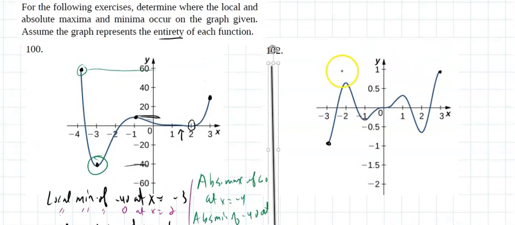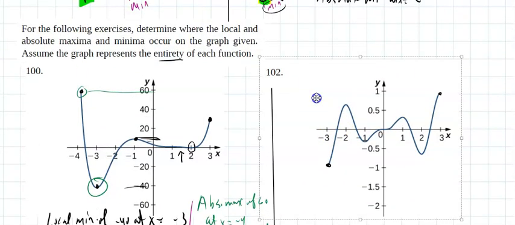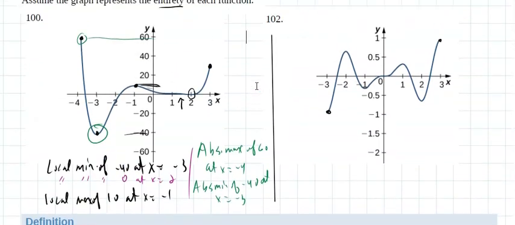If I look at the next problem, we have a local max at x equal, and we have a local min at x equal. Let's see. We have a local maximum right there at negative 2.